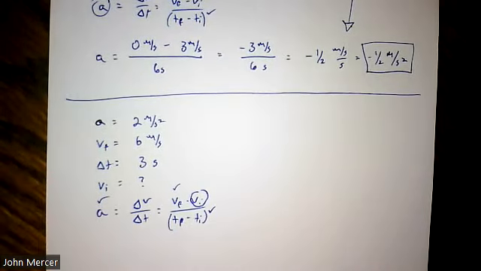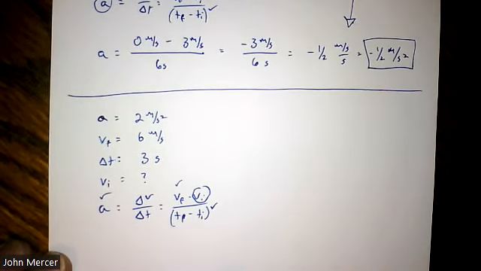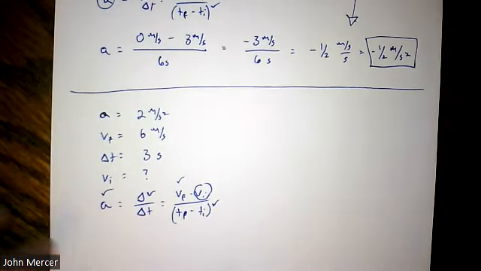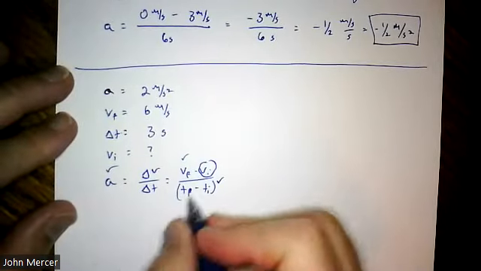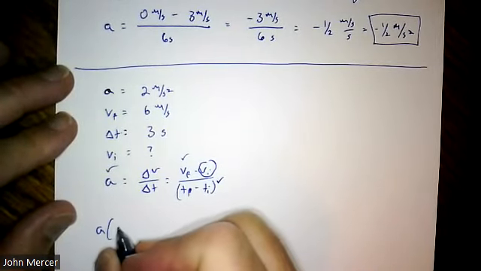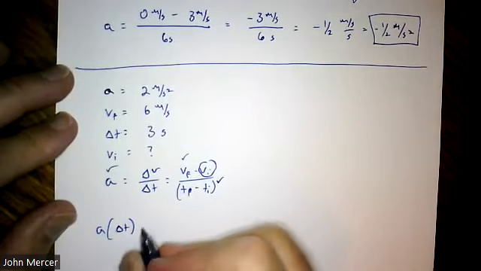So now I've got to solve for VI. Now I don't plug my numbers in yet. What I do is I rearrange this equation so that VI is all by itself, and I like to put it on the left hand side of the equality sign.